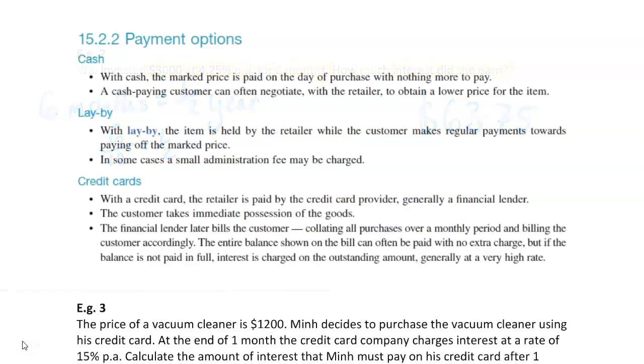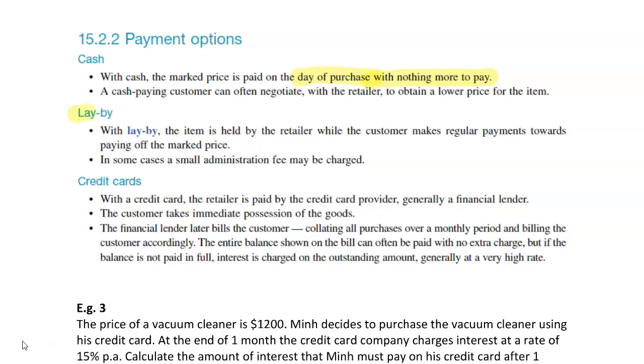Now, the textbook here is talking about different payment options that we have. Now, we know with cash, or your debit card that comes straight out of your savings account, the marked price, the price on the product, is paid on the day, and you don't have anything more to pay, okay?